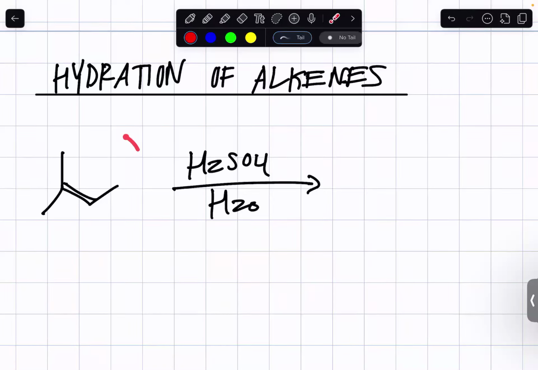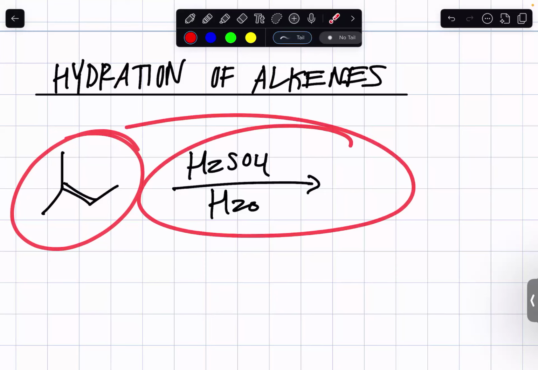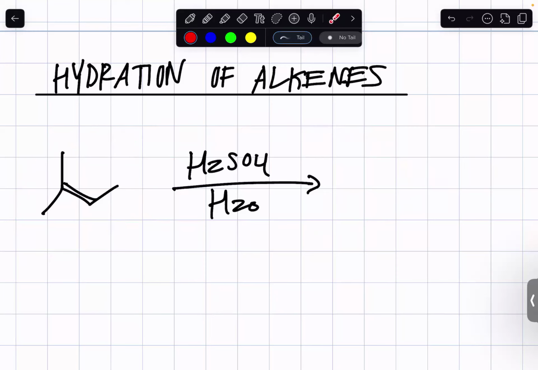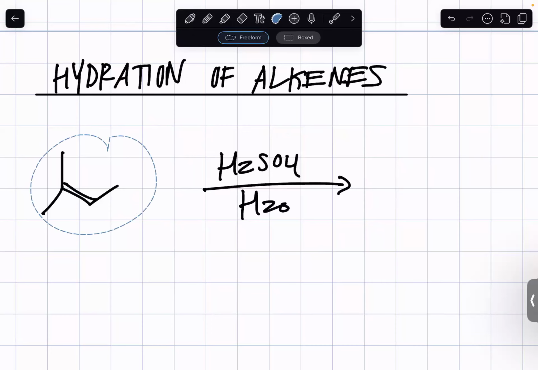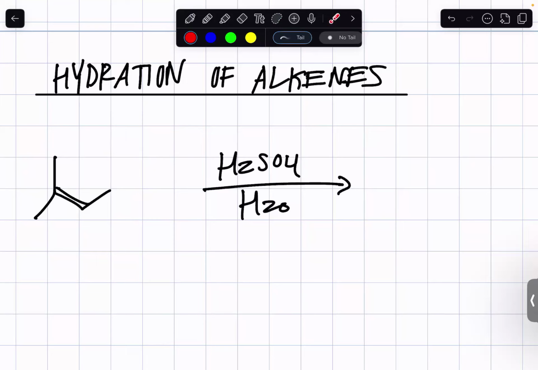Okay? So when you see this alkene right here and you see these reagents, what is the first thing that comes to your mind? What do you think is going to happen first? Yep.